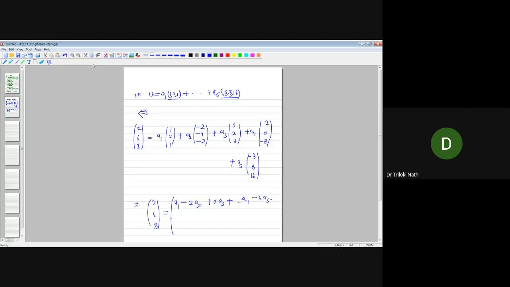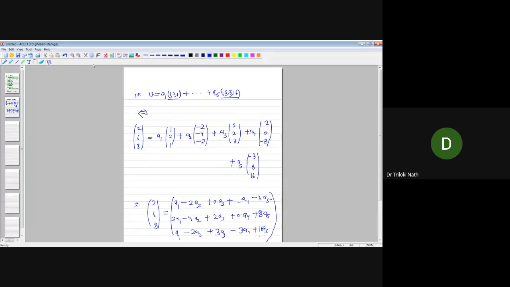Similarly, the second row: 2A1 minus 4A2 plus 2A3 plus 0 times A4 plus 8A5, right? And then the last row: A1 minus 2A2 plus 3A3 minus 3A4 plus 16A5.